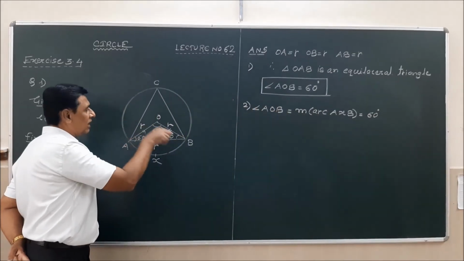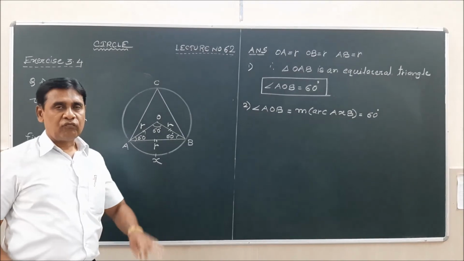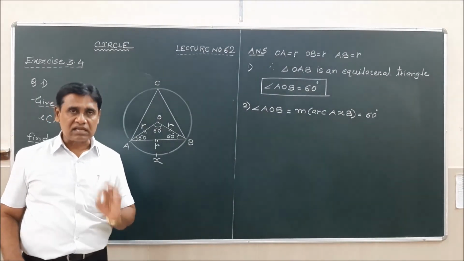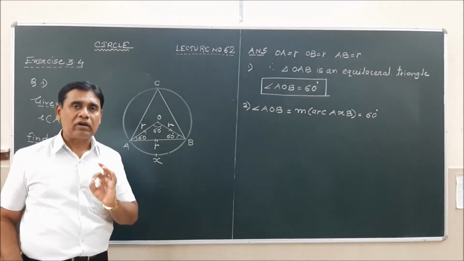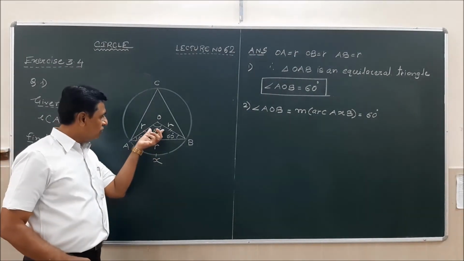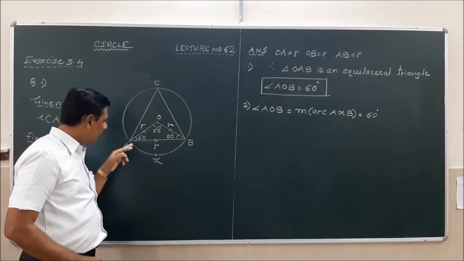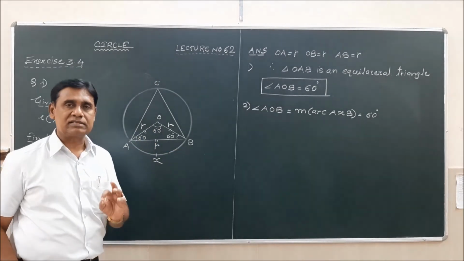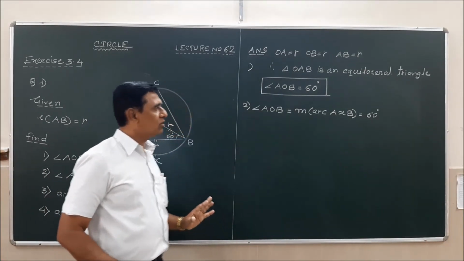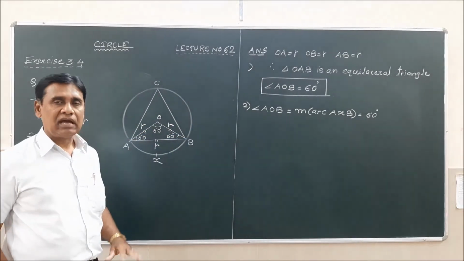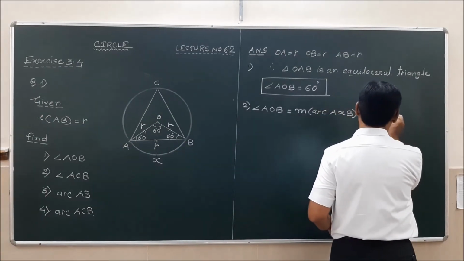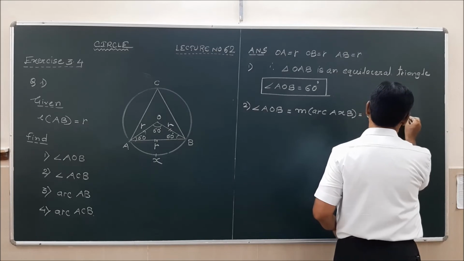What type of angle is AOB? The vertex of the angle is at the center, and such a type of angle is called a central angle. Correct? And the measure of a central angle is always equal to the intercepted arc, and therefore angle AOB is equal to measure arc AXB, and that is equal to 60.